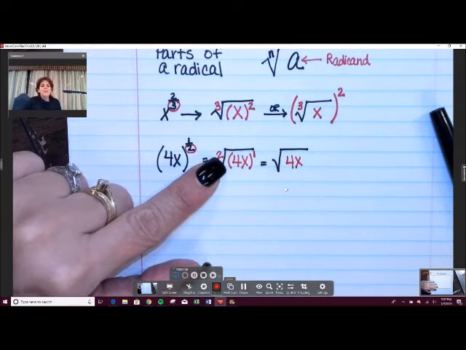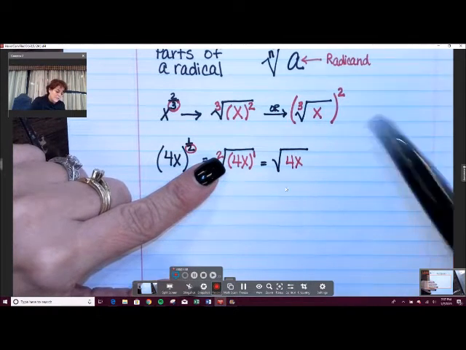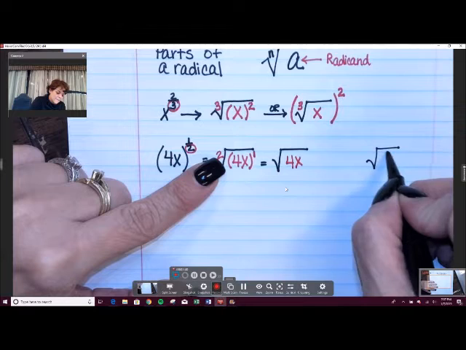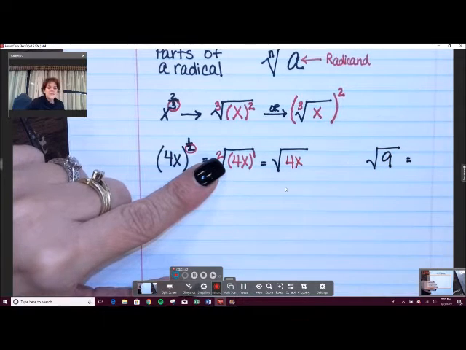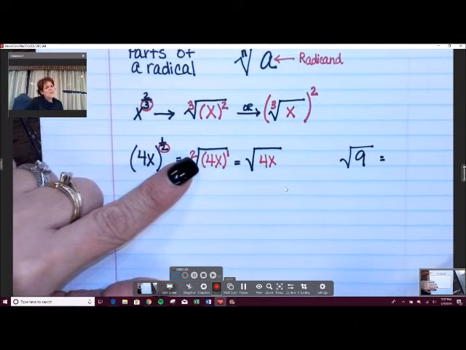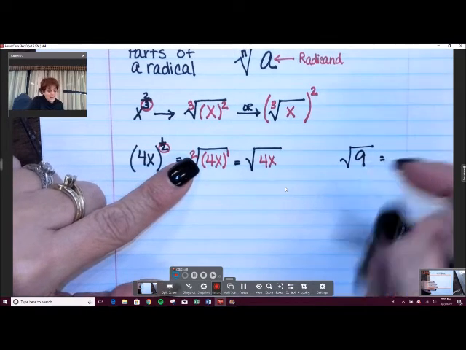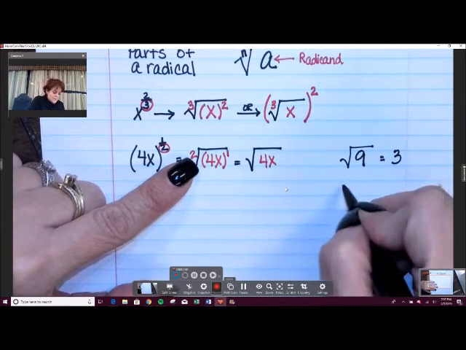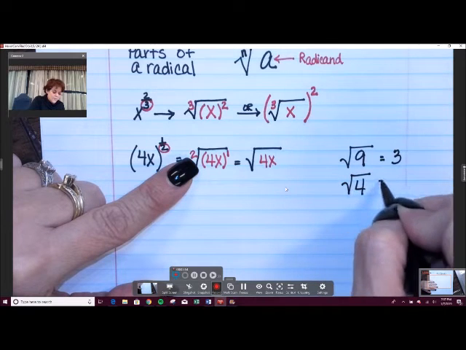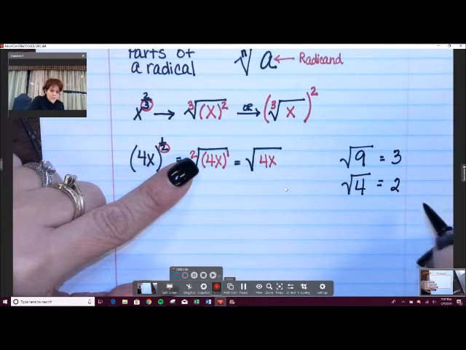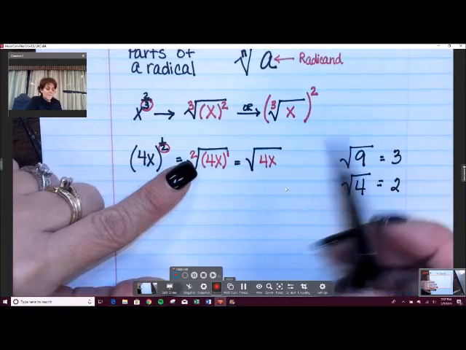Now here's a question. Whenever you have a radical and you see this, can you tell me what that equals? Wouldn't you go, oh, that's just the square root of 9, so if I put that in my calculator, it would tell me 3. If I said the square root of 4, that would be 2, the perfect squares.